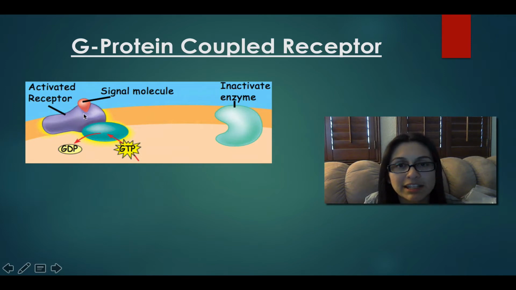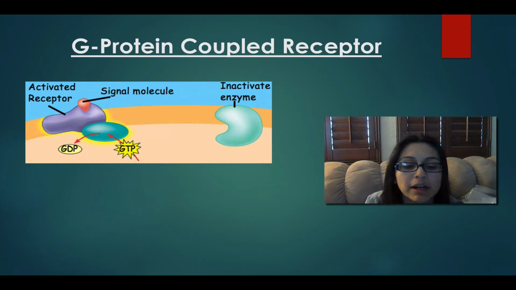When it binds, it modifies that receptor, which basically activates it. It's able to take the G protein, and the GDP gets replaced with GTP. This is a molecule that's very similar to ATP, so there's energy there. So that G protein gets modified so that the GDP becomes GTP.